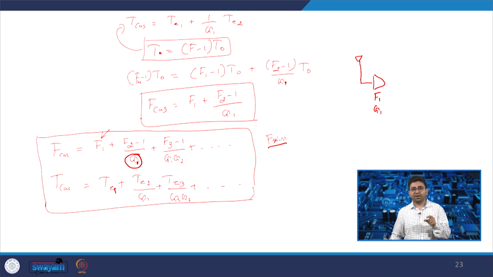So, your gain should be high enough so that the next component's noise contribution is reduced due to this gain. This is an important formula for any RF system design, and we will also see the sensitivity later in this class, as noise figure has a direct implication on the sensitivity of the receiver.